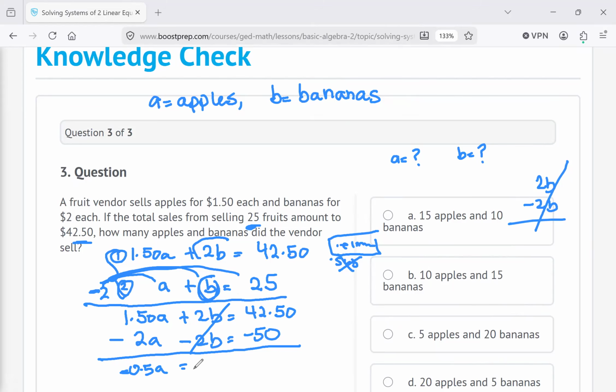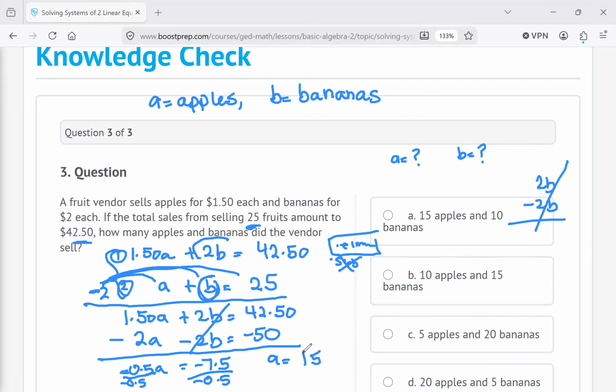That's negative 7.5. And then solve for A. I have to get rid of this negative 0.5 by dividing both sides by negative 0.5. So I get A equals 7.5 divided by 0.5. That's exactly 15.